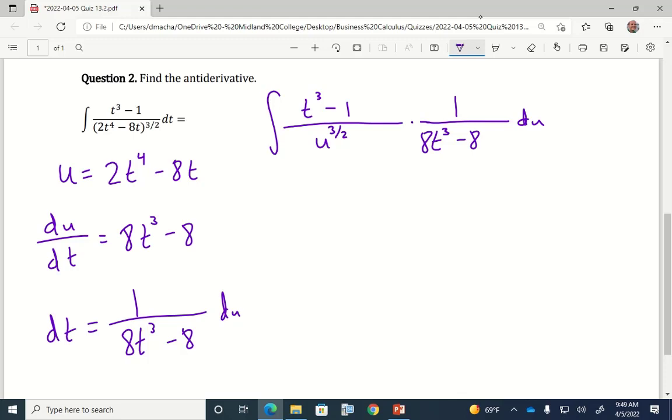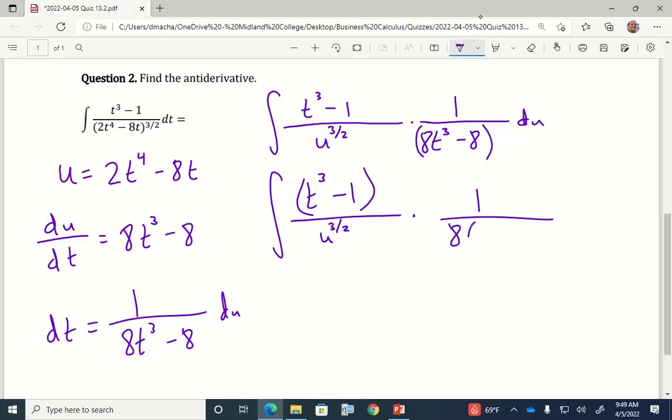What's going on over here in this denominator is that there's an 8 greatest common factor there. So if I factor out the 8, it'll look like t cubed minus 1 over here divided by u to the 3/2 power times 1 divided by 8 times, and then after factoring out the 8, I get t cubed minus 1.